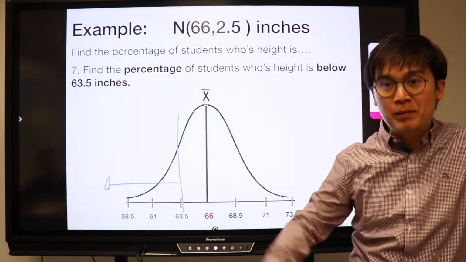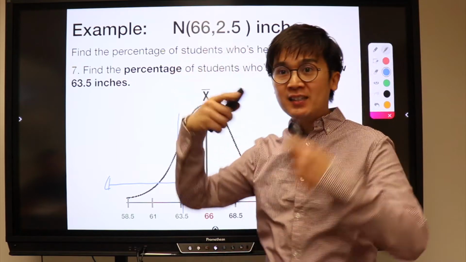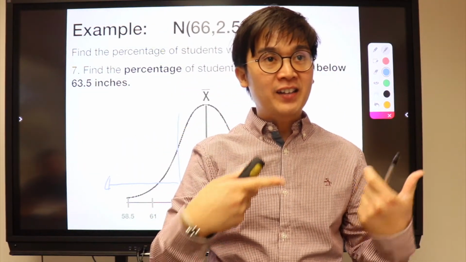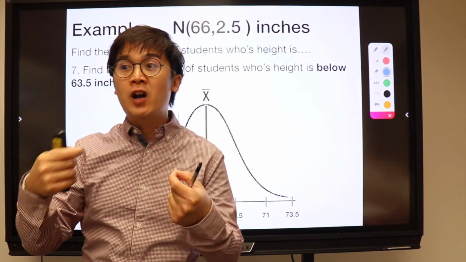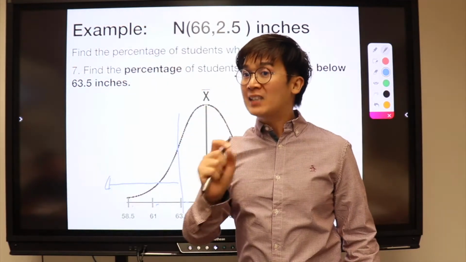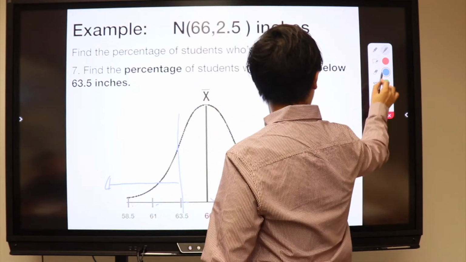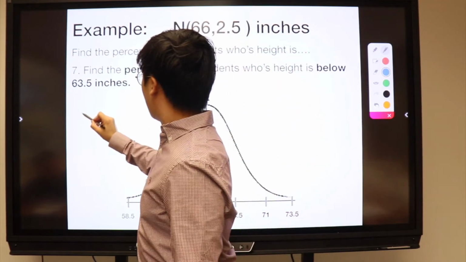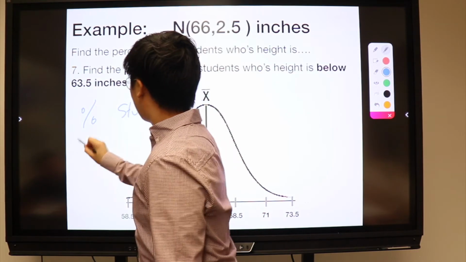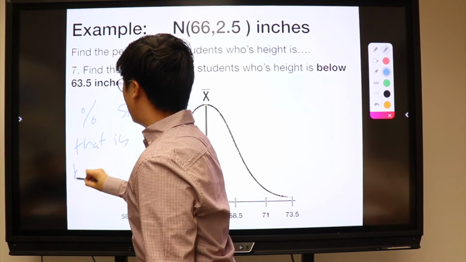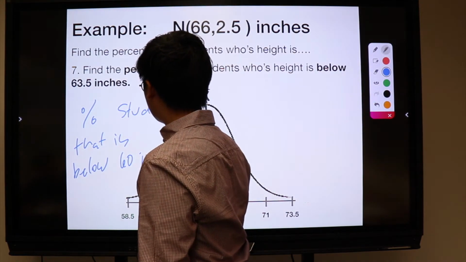Exactly, because that's basically why the empirical rule works. The 68, 95, and 99.7 rule will only give you a certain number of questions. When you are asked questions on the empirical rule, they will not ask you questions like this: what is the percentage of students below 60 inches?